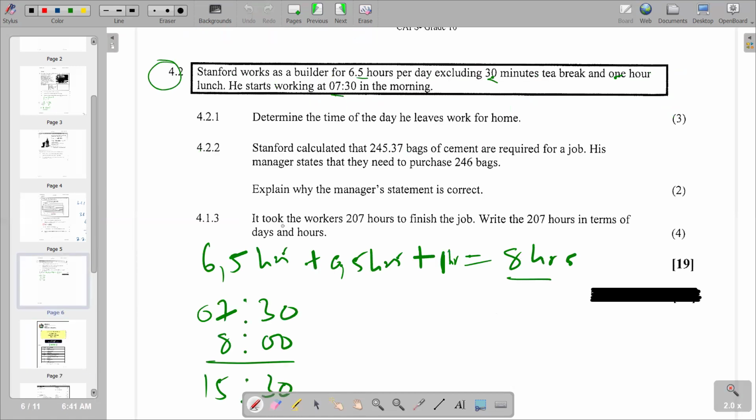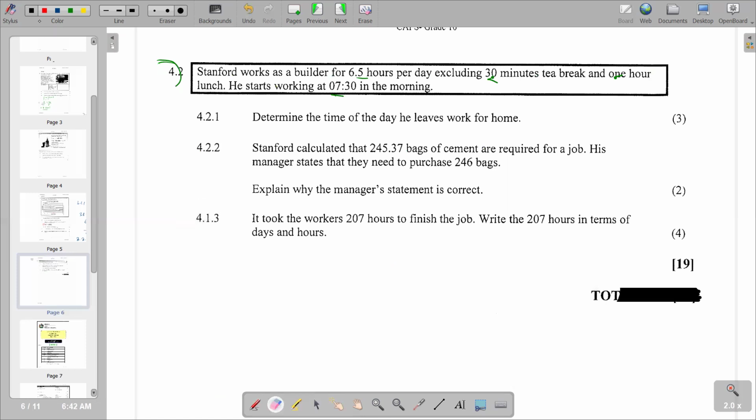It took the workers 207 hours to finish the job, right? We write the 207 hours in terms of days and hours. So obviously, we try to make some calculations by saying we have 207 hours, but we know that for us to create a day, we should have 24 hours.